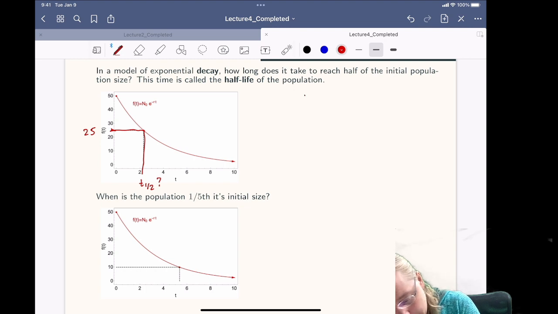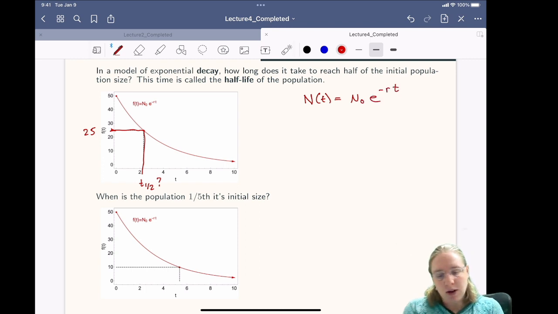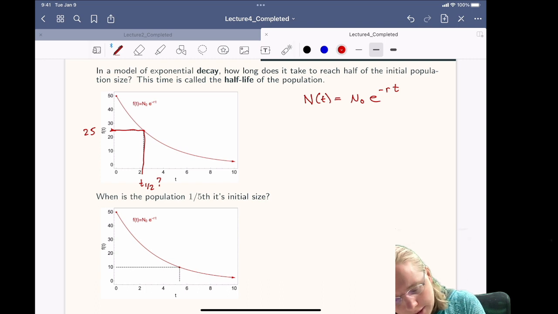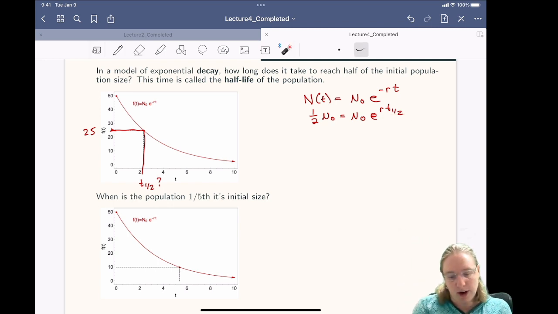So we have that our model is n of t is equal to n0 e to the minus r times t. Now, we want to know at what time n of t is half of the initial population size. So this is what we're asking. What is t of 1/2? This is our focal thing that we're trying to solve for. Well, how do we solve for this?